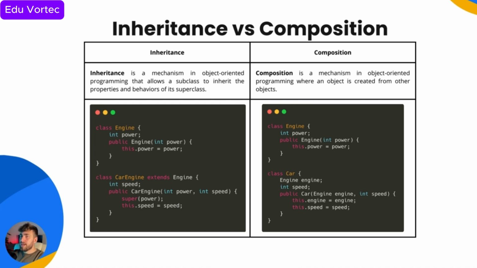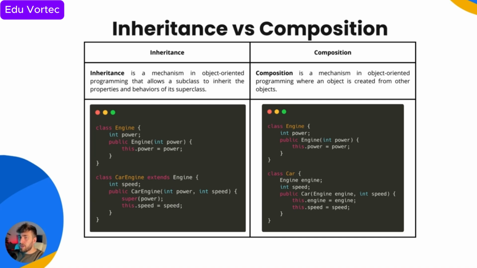In general, inheritance is used when there is a clear inheritance hierarchy, and composition is used when objects are required to be composed of other objects. However, it's important to know that inheritance can lead to tight coupling between classes, while composition allows for more flexibility and loose coupling between objects.